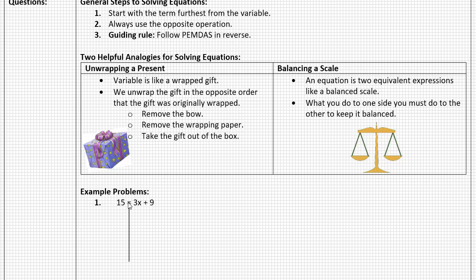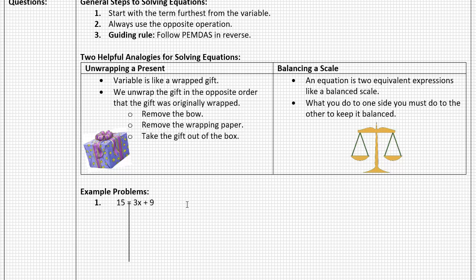So I find it helpful to draw a straight line directly down from the equal sign, separating the left side of the equation from the right, so that we can always make sure that what we do to one side, we do to the other to keep it balanced. So just as I mentioned before, we're going to start with this term, plus 9, because it is on the same side as the variable, and it is the term the furthest away from this x.